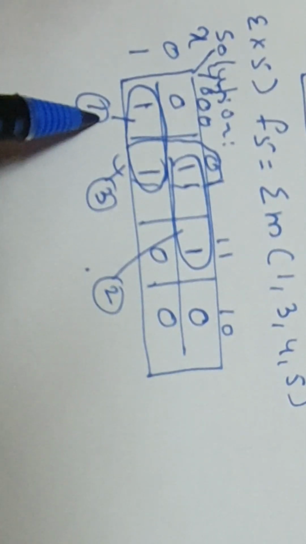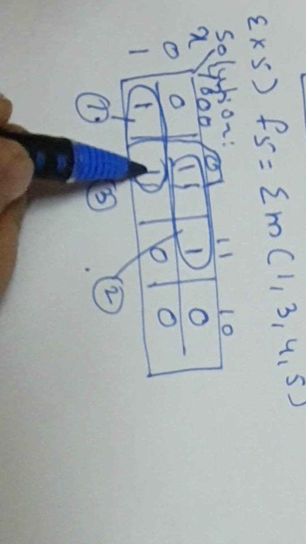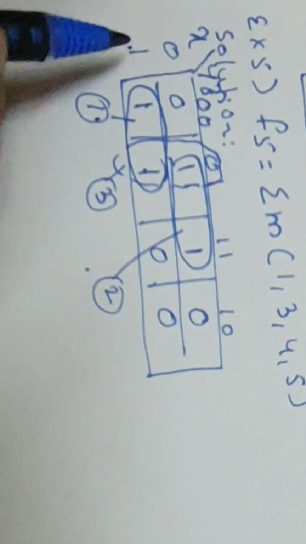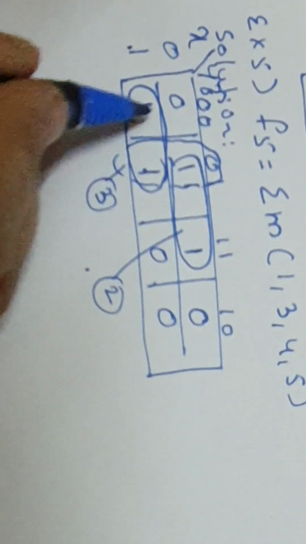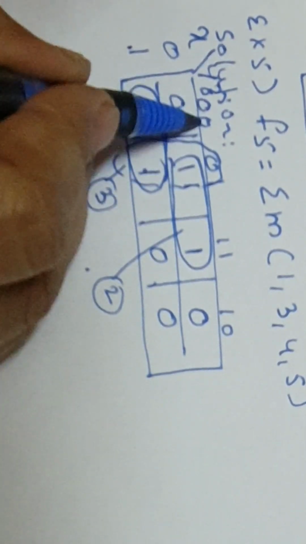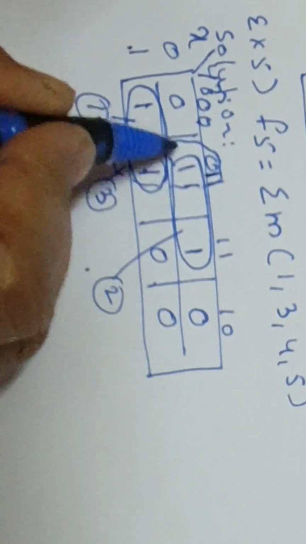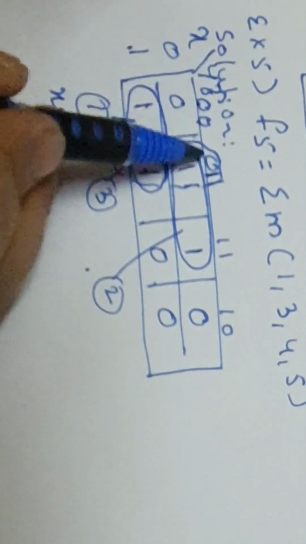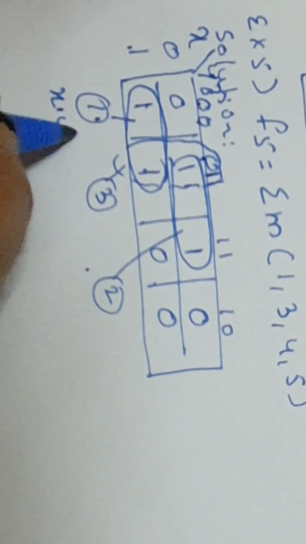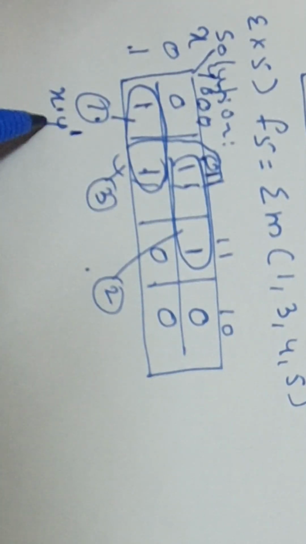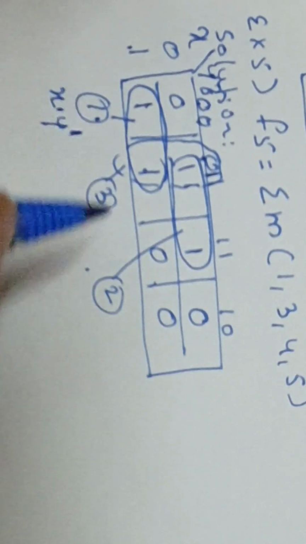So what is it with respect to group 1? These two ones are in this row, hence it is X, and these two ones are in two columns, here 00, here 01. So this 0 is common, and with respect to Y, it is Y dash. This is the prime implicant for the first group.